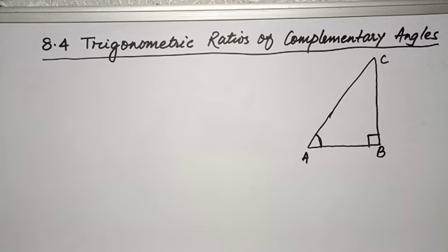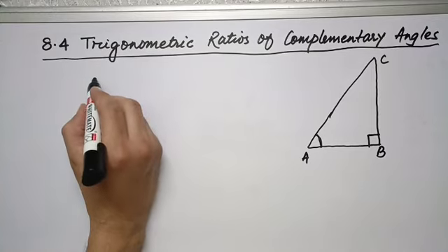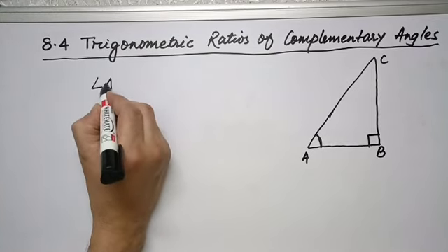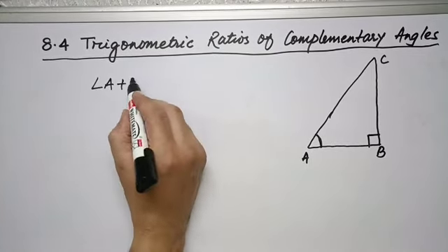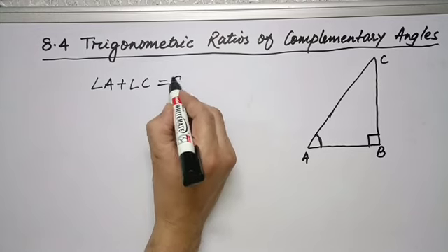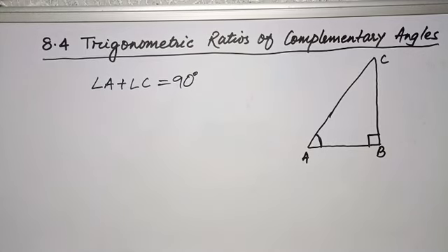So what does it mean, complementary angle in respect of this triangle? We know the angle B is 90, then we can say angle A plus angle C is equal to 90 degree. This means angle A and C are complementary to each other and the sum of these two angles is going to be 90, right?